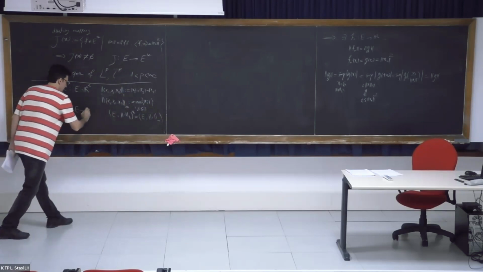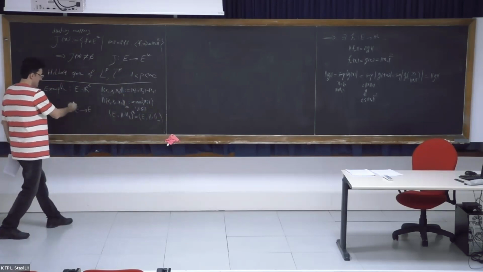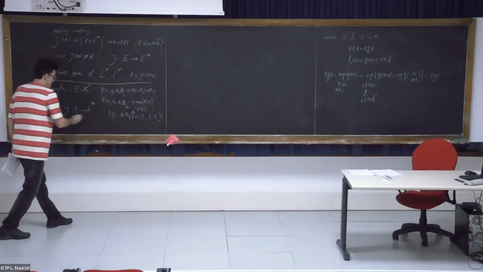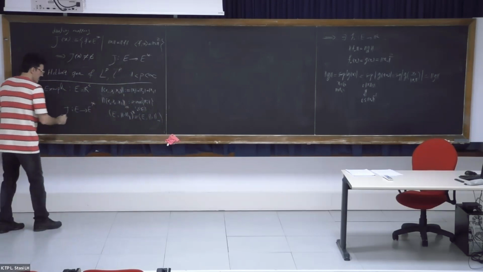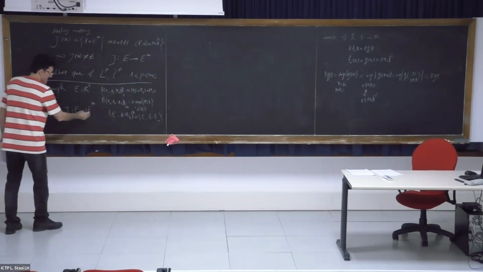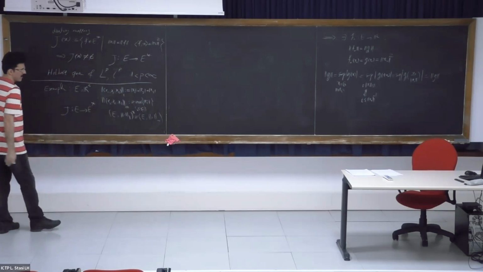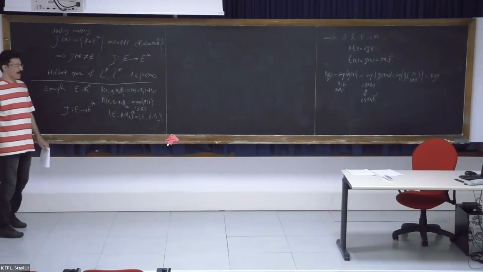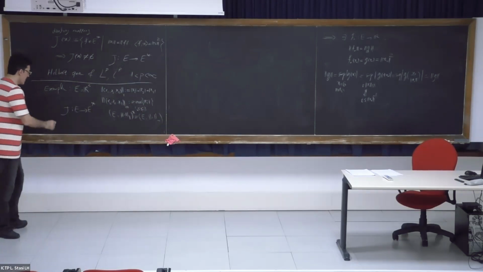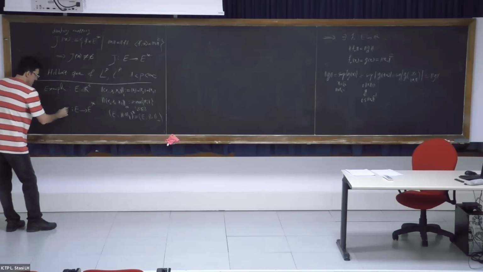And we may define J from E to E star by the first one. So the norm is L1, and for the dual, we have the L infinity norm. J here is not single valued.